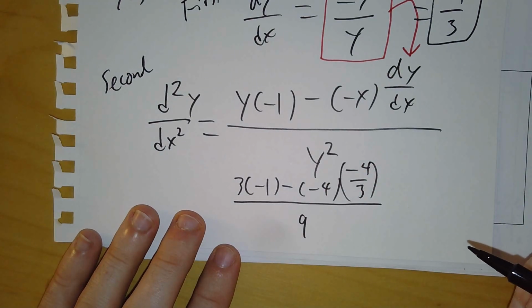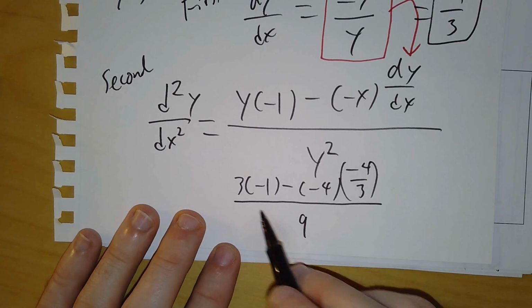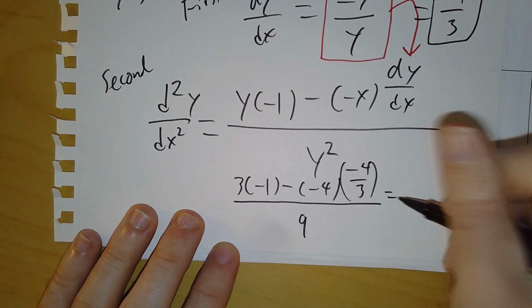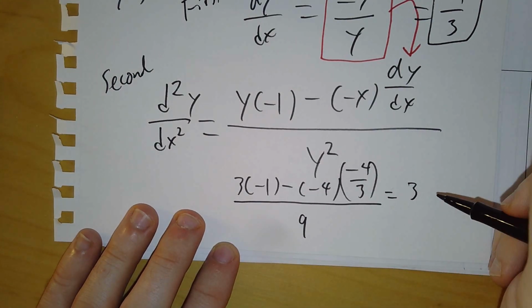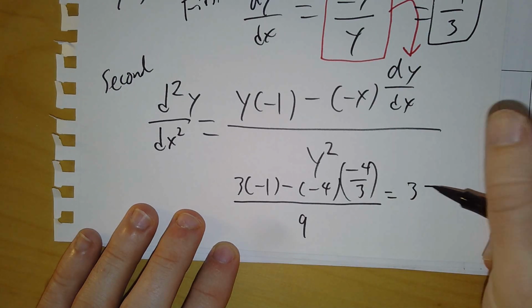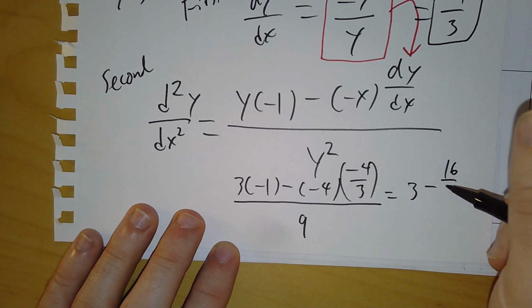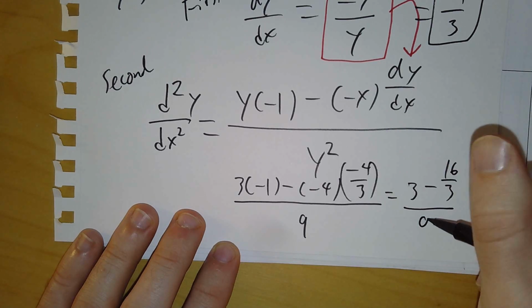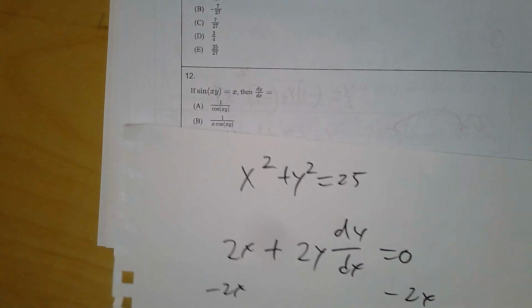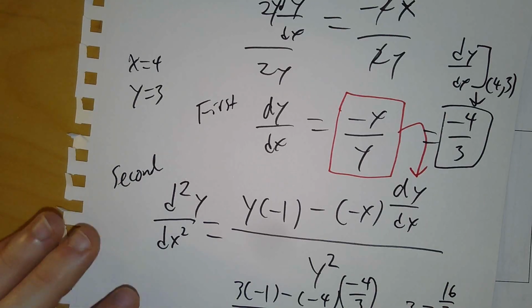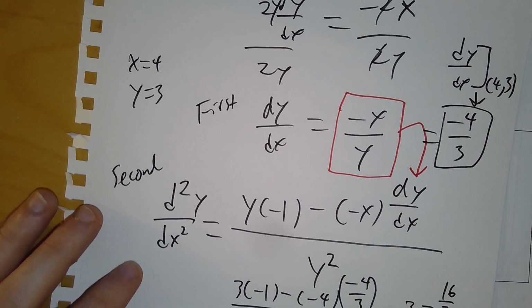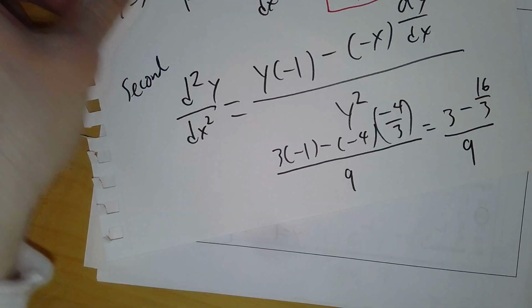All right, let's clean this up a bit here. So we got 3 minus 16 thirds over 9. Let's see what is the form of my answer. It's in a fraction form. Okay, I'll simplify this.